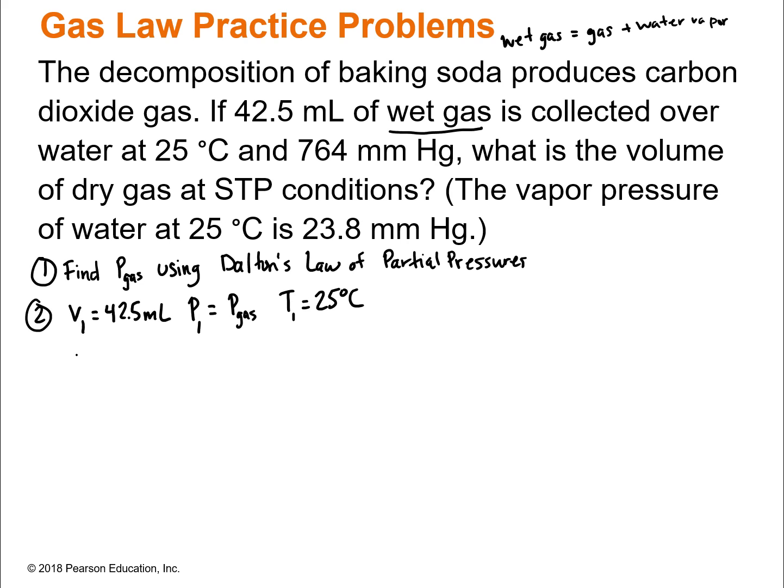We're asked about the new volume at STP. Well, we know that standard temperature and pressure means 1 atmosphere, and it also means 273 Kelvin.